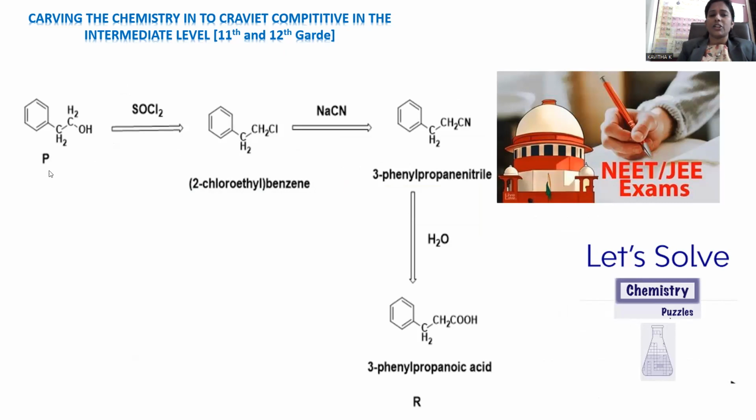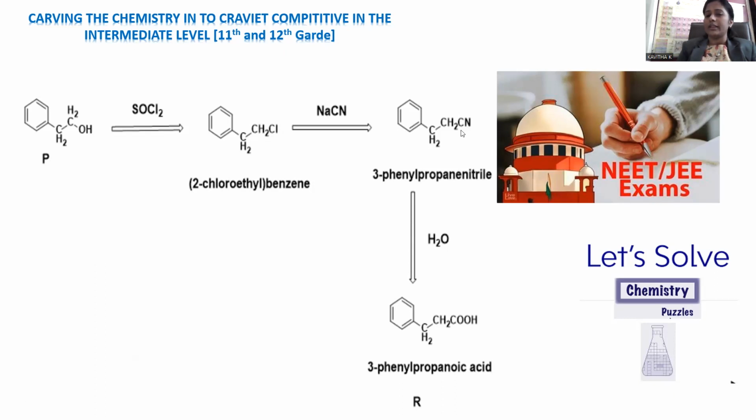P is taken as the starting material, treated with the halogenating agent thionyl chloride, and we will get a chloro compound. A chloroalkane will be generated. OH will be replaced with chloro, and subsequently treated with sodium cyanide. So chloro will be replaced with cyanide, and finally treated with water.